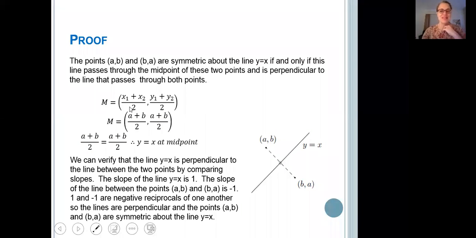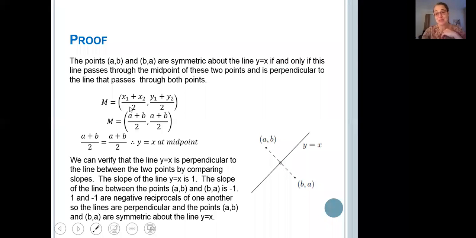Now, this one's a little harder, and you have to think back a little further. Remember that two lines are perpendicular if their slopes are negative reciprocals, right? So first thing we need to do is realize that the slope of the line y equals x is 1. So we want to check and see if the slope of this line between these two points is the negative reciprocal of 1.